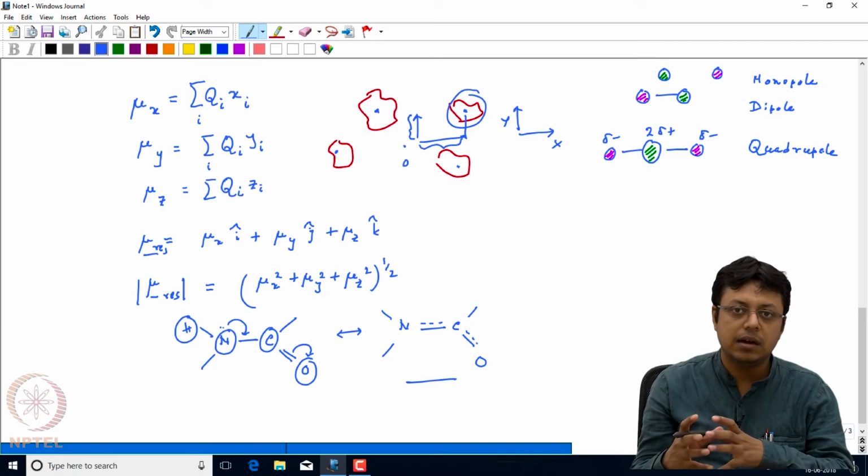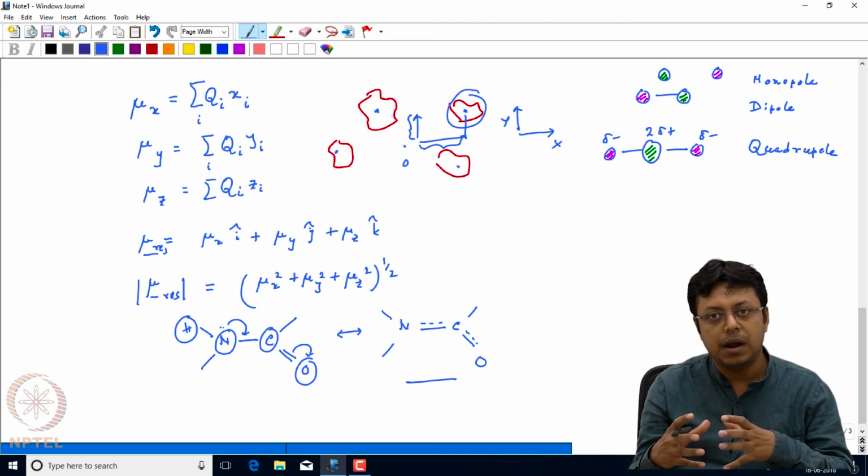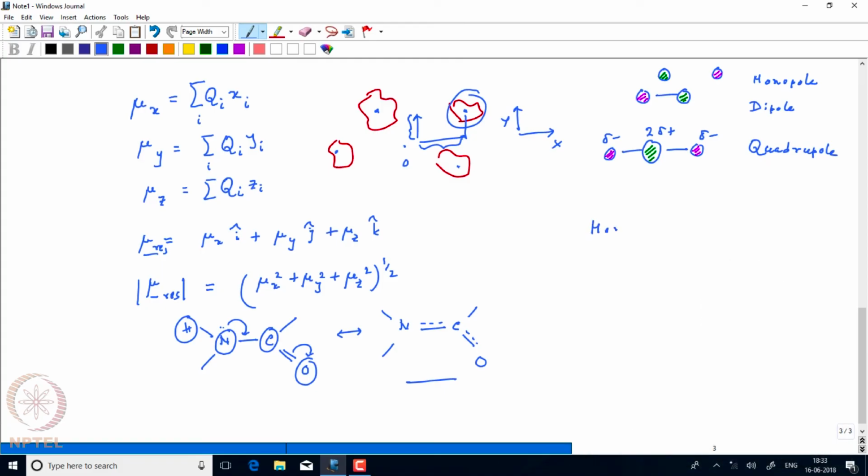So these are geometrically symmetric moment structures, and any multipolar moment can be thought of as a superposition of many multipoles.